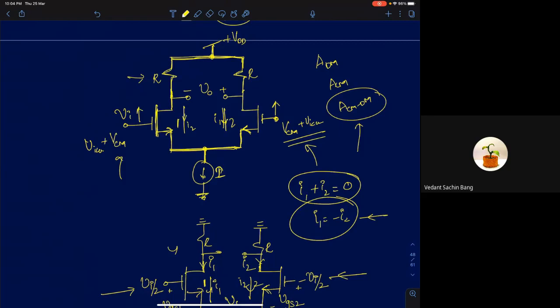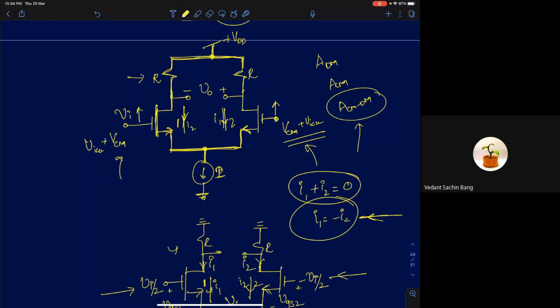Then what will happen to the currents? The only possibility is that both of them have to be 0, otherwise you would be violating this condition. So I1 and I2 individually will be 0.